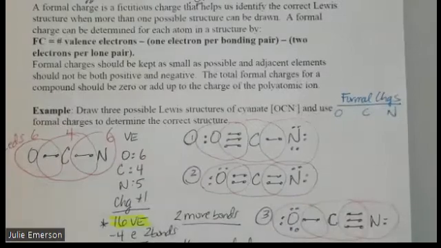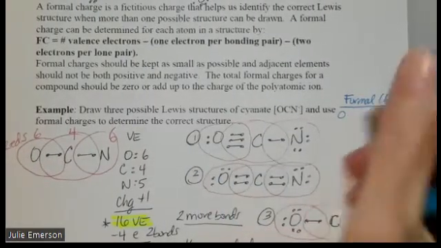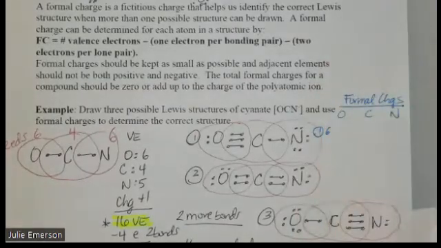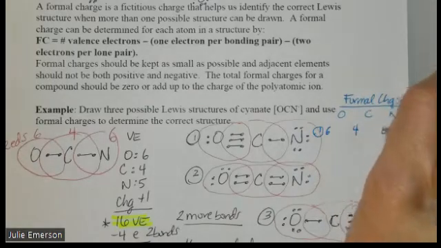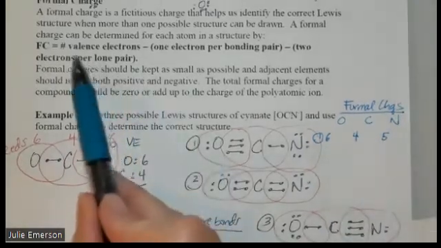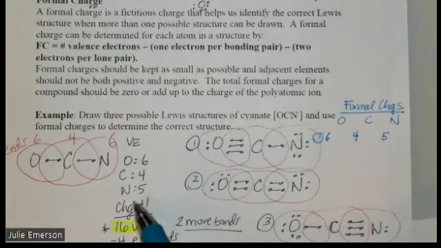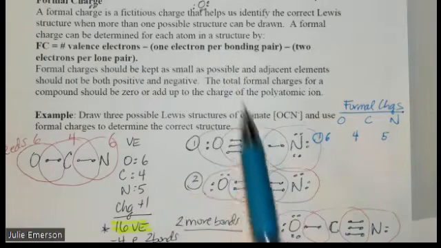In structure number 1, this first structure, I'll label it number 1. Oxygen comes in with 6, that's always true. Carbon comes in with 4, nitrogen comes in with 5. That's what you always do: you start with your number of valence electrons, which is the group number, the same thing we used over here. The oxygen in this first structure, we've assigned 1 per bonding pair.